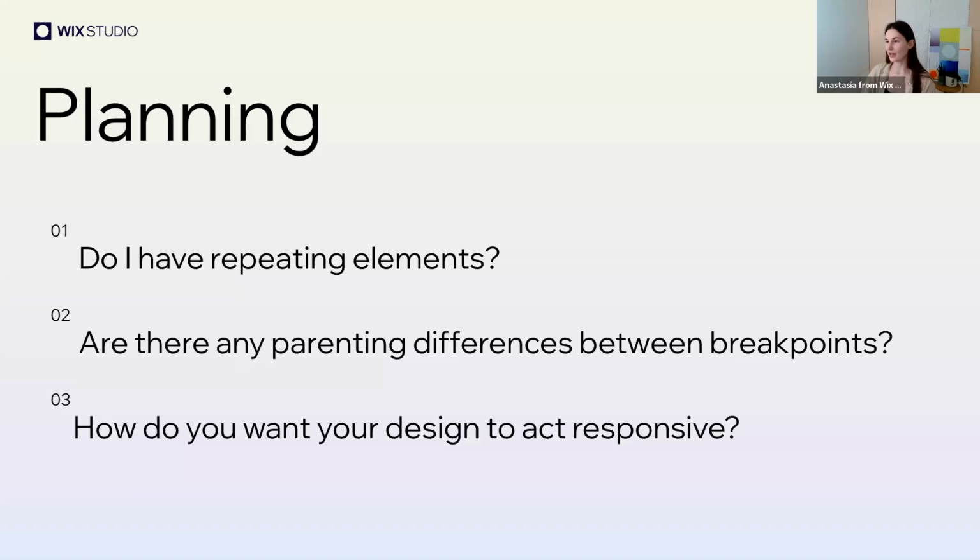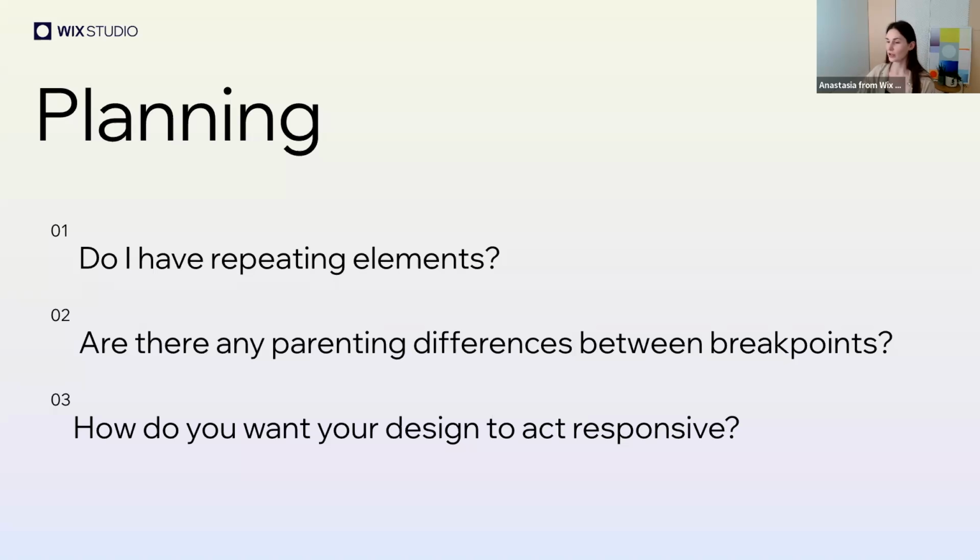In the past webinar, we talked about the importance of planning your site before you start building and what aspects to pay attention to. For example, duplicating repeating elements once you've built them perfectly across the breakpoints, and not adjusting them one by one in all the breakpoints that you have in your site. And keeping the hierarchy of the elements across all the breakpoints.